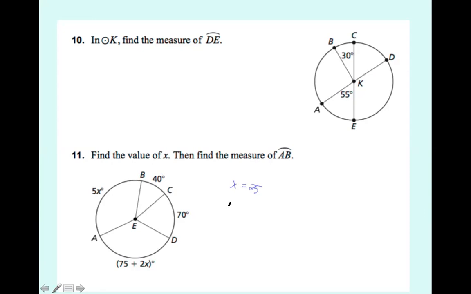The measure of arc AB is going to be equal to 5 times 25. So it should be equal to 125 degrees.